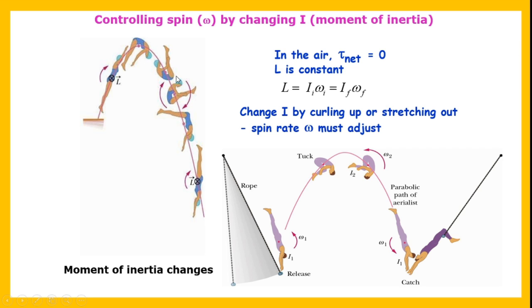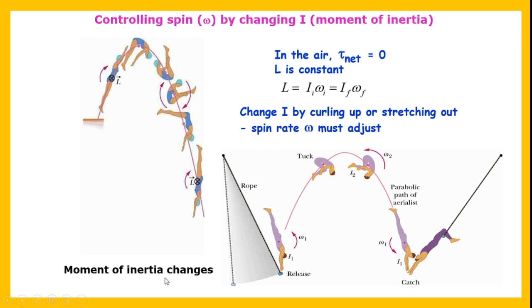But when she takes her body in, the moment of inertia becomes less, so the angular velocity gets adjusted to a higher value. This is how the spin can be controlled by changing I with respect to the diver.